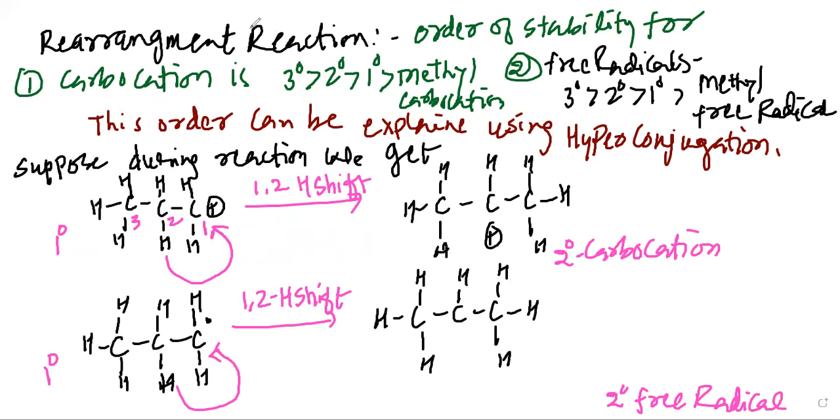You can see that the first carbon, this is carbon 1, 2 and 3, receives a hydrogen from the second carbon, and we get a free radical present on the second carbon, and that is why it is the secondary free radical.